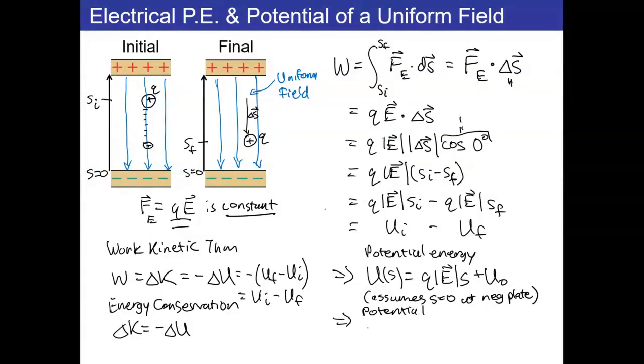The potential function V is going to be U divided by Q. So in this case, that's going to essentially just give us the magnitude of E times S plus some other constant, let's call it V naught, which would be essentially U naught over Q. So the takeaway here is that both the potential energy function and the potential function are linearly dependent on the position from the negative plate. Fairly simple, linearly dependent functions.